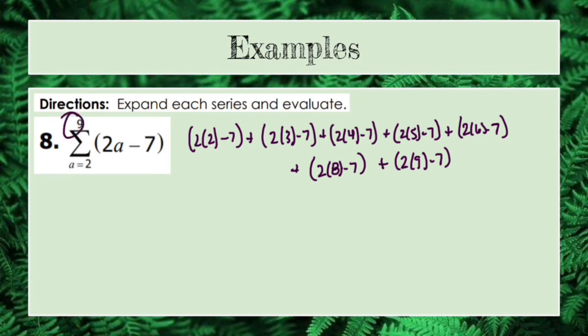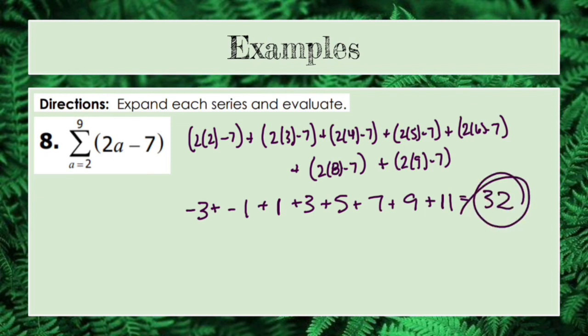We have gone from a equals 2 to a equals 9, and then we're going to simplify each term. So we are going to get negative 3 plus negative 1 plus 1 plus 3 plus 5 plus 7 plus 9 plus 11. And those all added together equals 32.